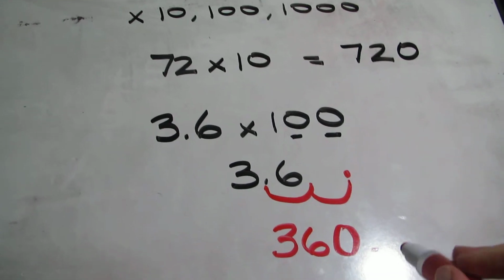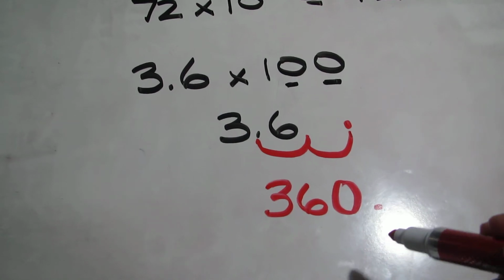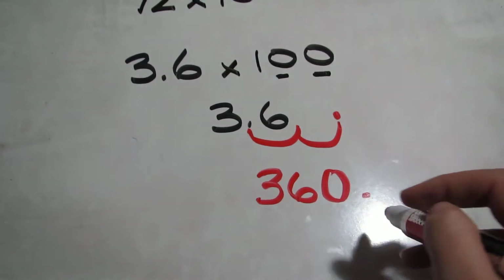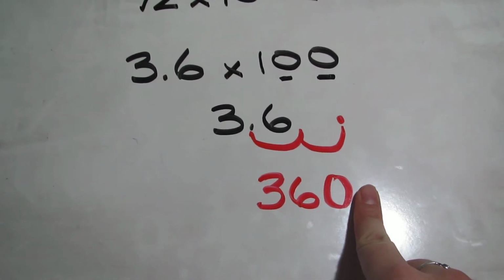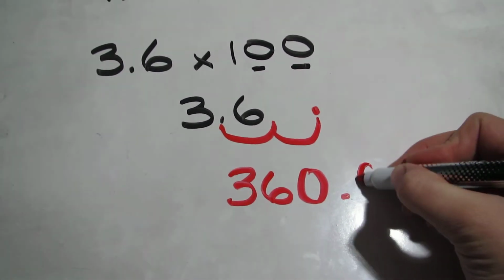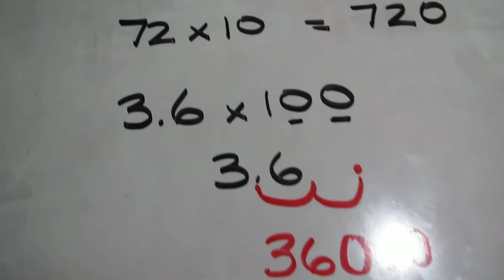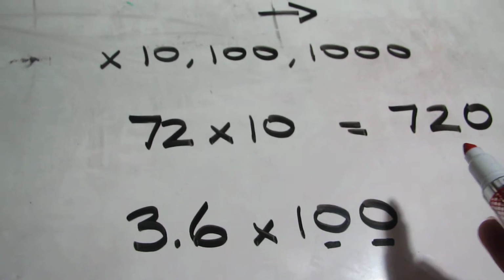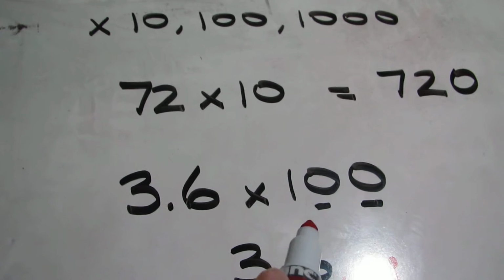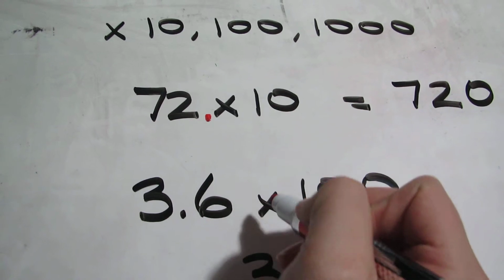Okay, but now you have to ask yourself, do I really need the decimal right there? The answer is no, because it is actually a whole number. Now, because it's a whole number, we can write it like this, the way we usually see whole numbers. Or if you really want to keep the decimal in there, you could write it like that, and that works the same way. Now, if you go up here to our original problem, we have 72 times 10, and if you want to apply the same trick as we did down here with the decimal, remember our imaginary decimal is technically right there.